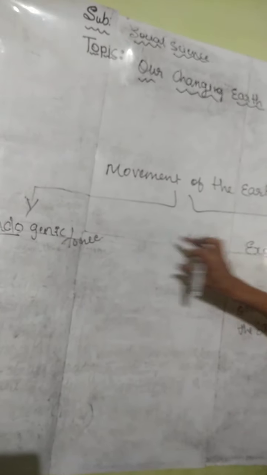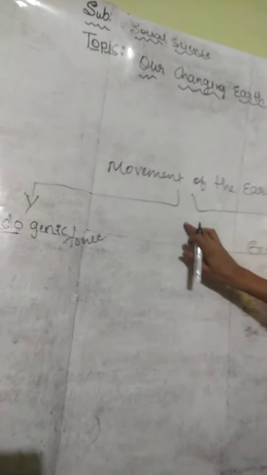Okay students, these are called exogenic forces. So endogenic force and exogenic force are the two types of movement of the earth.